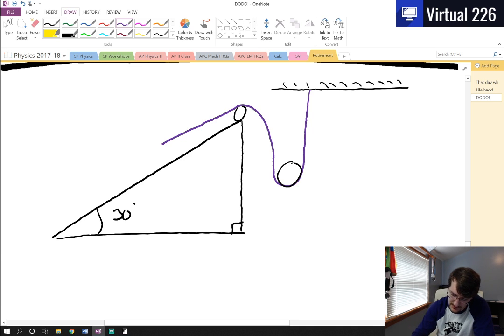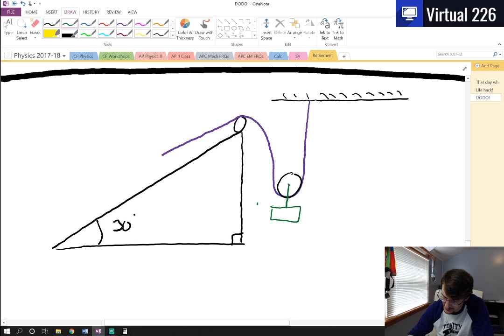And then on this is what we're calling L. It has a mass of 2m, and it is a height h above the floor.